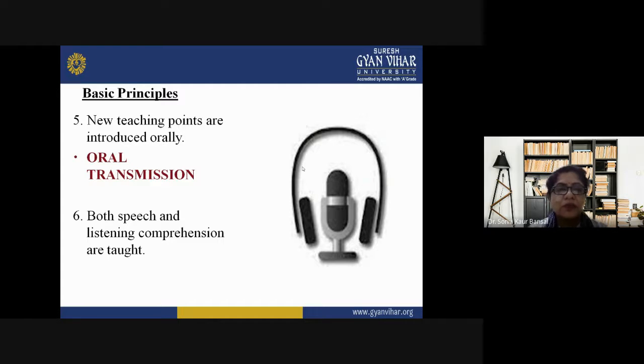So students learn more if they are listening more in the target language. Oral transmission is very, very important for the students. Both speech and listening comprehension are taught, and students are well versed with the target language. So it is very important to understand the importance of speech as well as listening.